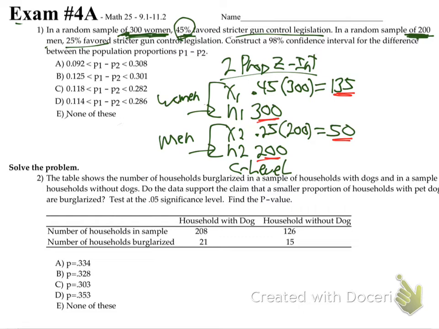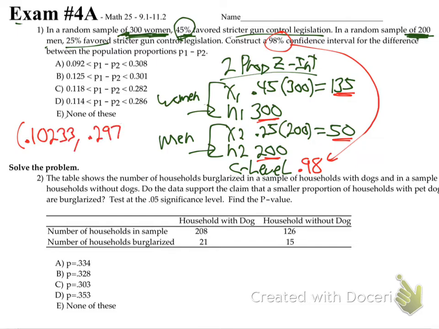The confidence level is 98%. Calculate. I'm getting a confidence interval of 0.10233 to 0.29767, which is none of these. It's not there. So there we go, it's none of these.